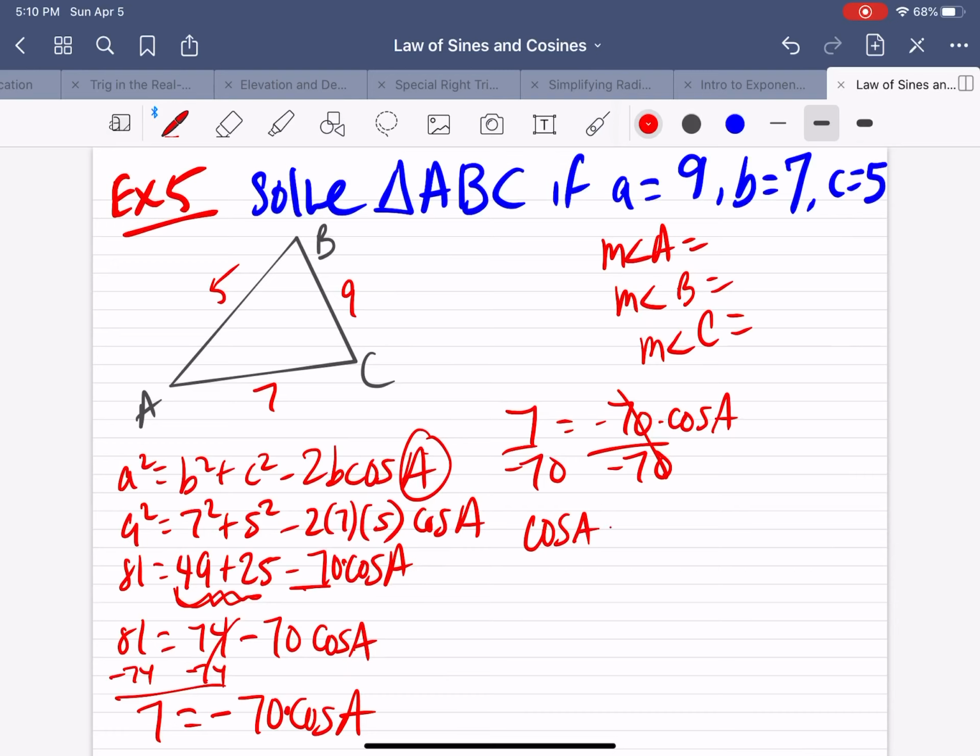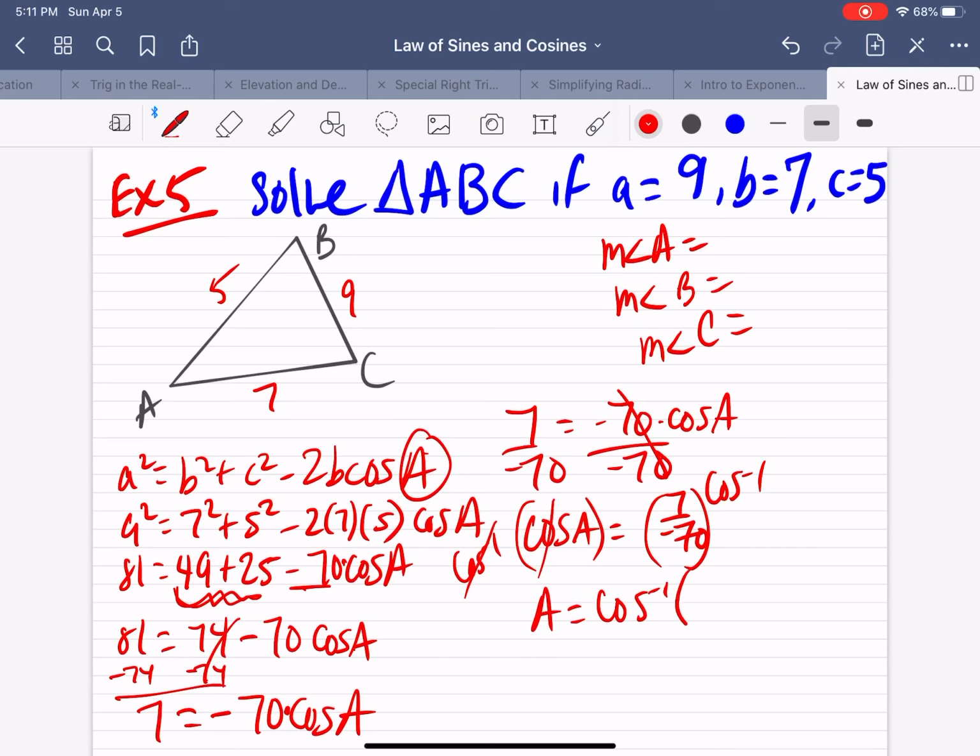So cosine of A is equal to 7 over negative 70. It does reduce, but let's not reduce it. We'll let the calculator get rid of that. So the last step to get the A by itself, you do the inverse cosine of both sides. And A is equal to the following.